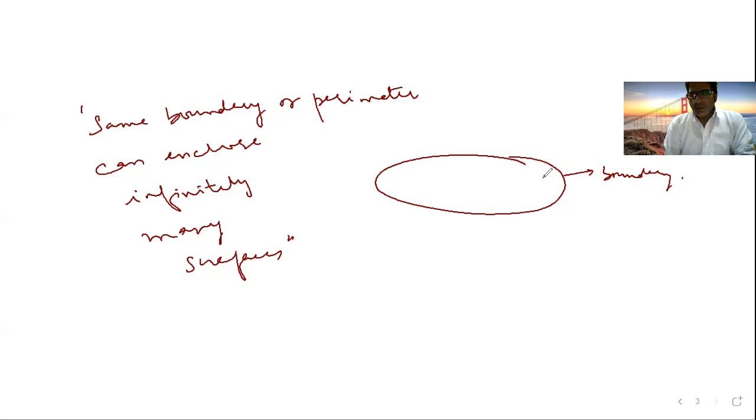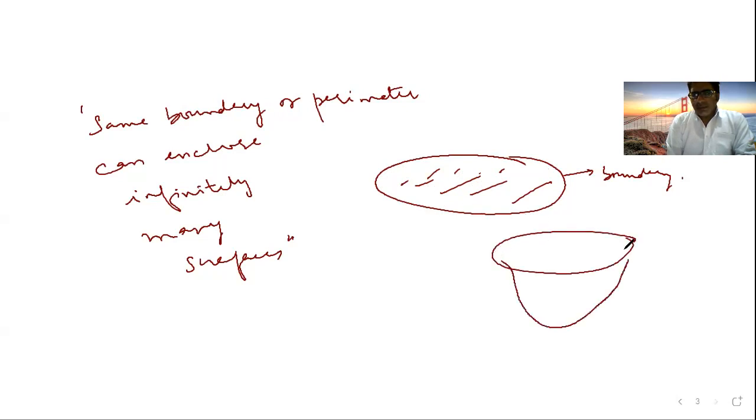What is the meaning of that? If I have this, let this be some piece of cloth, some rubber sheet. Now it has a boundary. Let the surface be flat. Then that is one surface. Now it is possible that you bend this surface. Still, the perimeter or boundary is the same, but the surface is different.